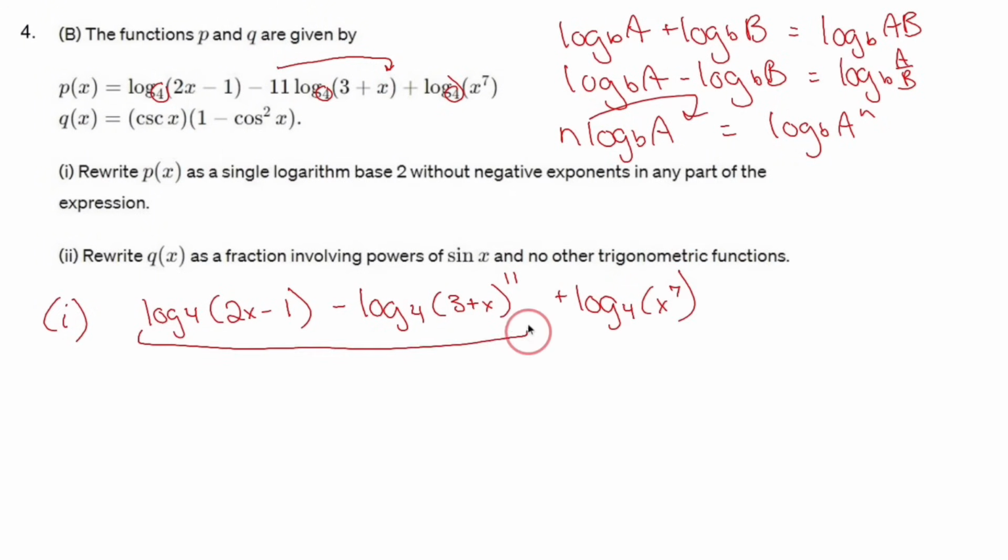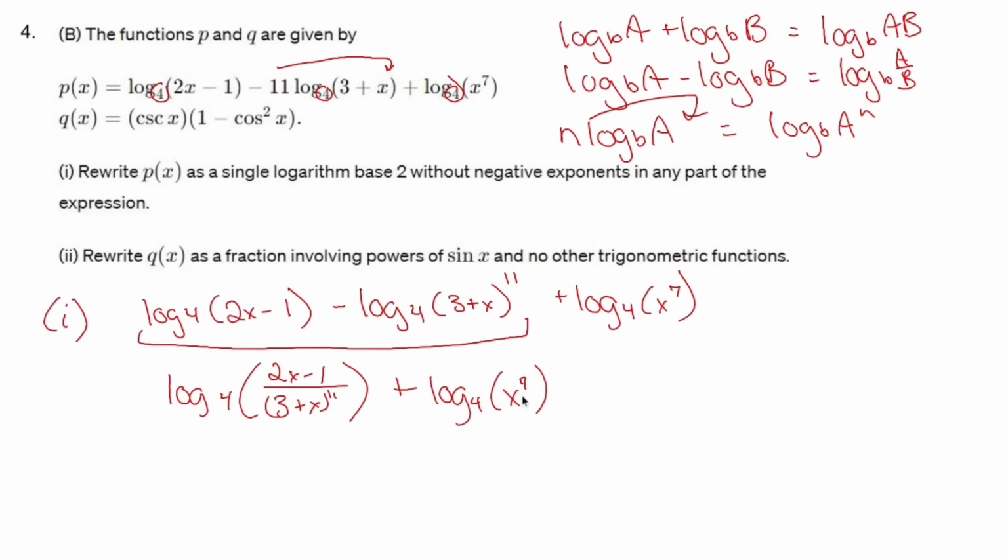These two we're subtracting, so let's do log base 4 of 2x minus 1 over 3 plus x in parentheses to the 11th. And we're still adding log base 4. Now, when you add two things, you multiply the insides, which puts x to the 7th in the numerator.